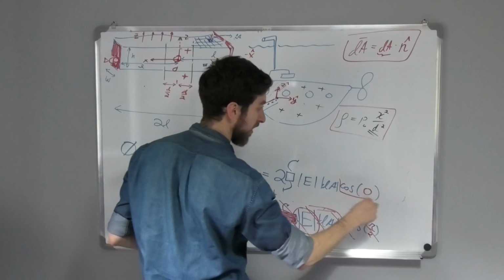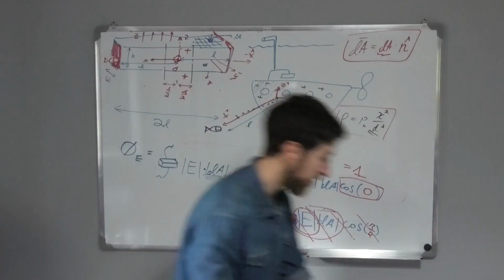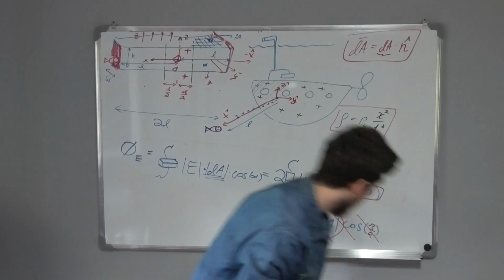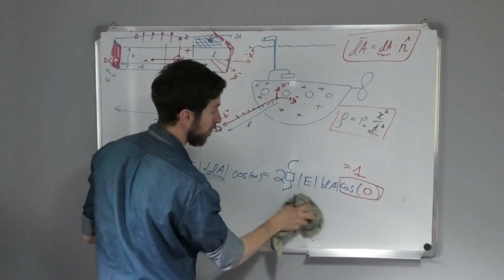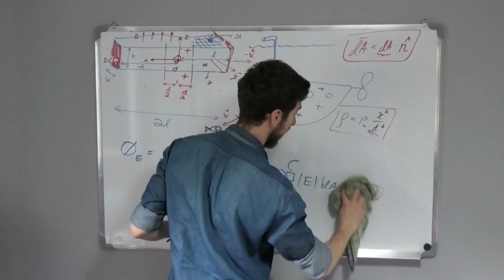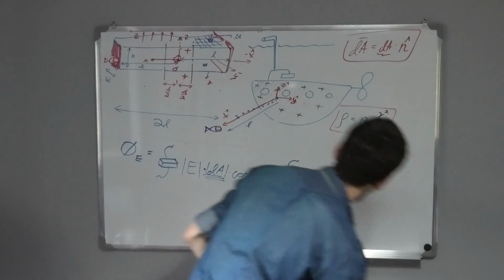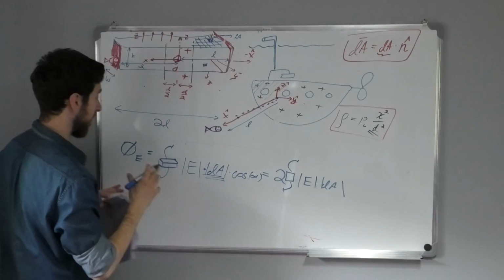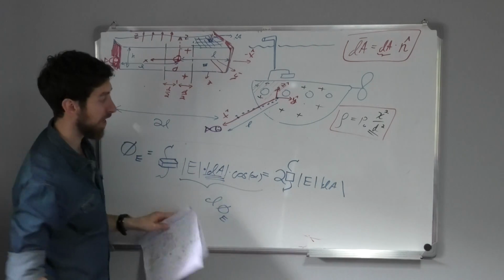So this cosine is equal to 1. Okay, we simplified this. Let's get rid of what is not valid anymore. So we can clean this one and this one. Perfect.